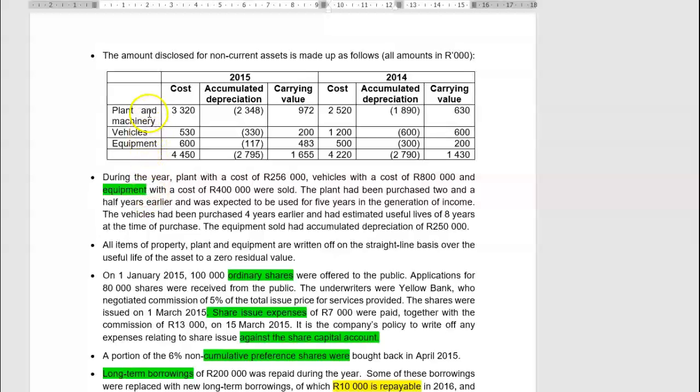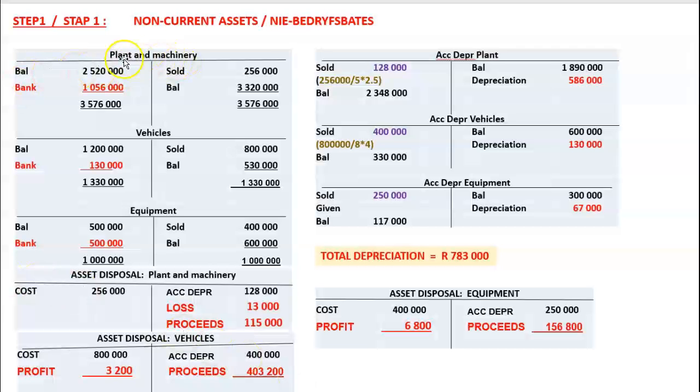We are going to open up a T account for each and every one of these. Plant at cost will have an opening balance of 2,520 and a closing balance of 3,320,000.